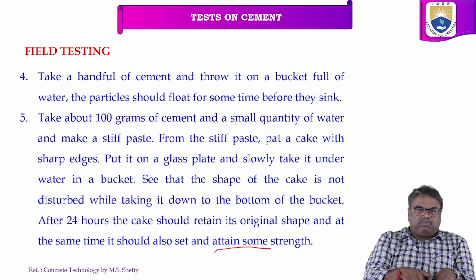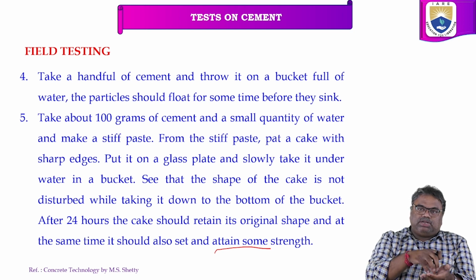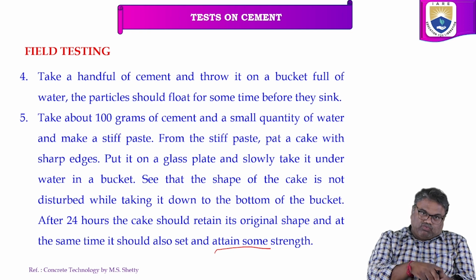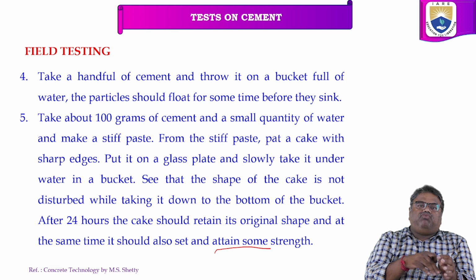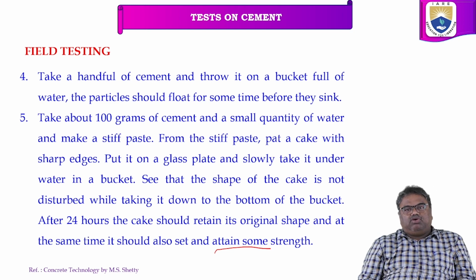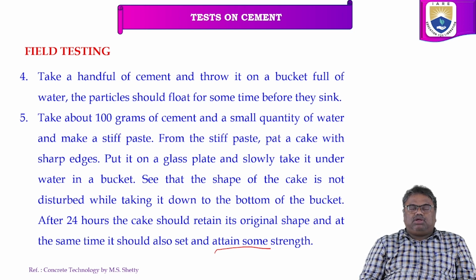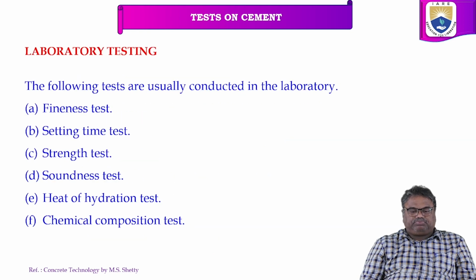The cement cake should not lose its shape, and after 24 hours it has to gain some strength, right? So there are five different tests we can perform in the field.